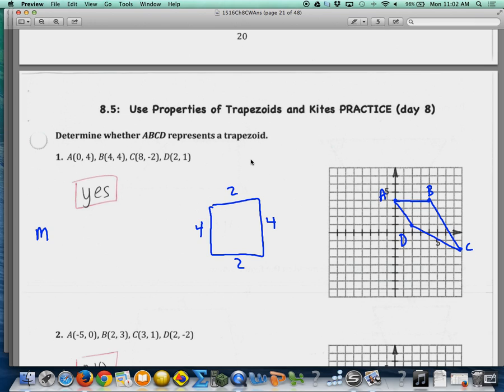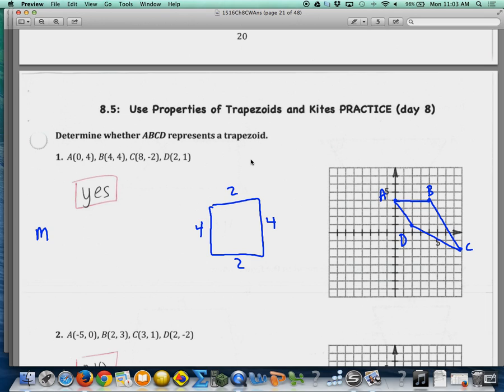It works from the top. Is this figure definitely a quadrilateral? Yes. Based on those slopes, does it fall in the kite, the parallelogram, or the trapezoid family? Parallelogram. Do I have any extra information to determine whether it's a rhombus, square, or rectangle? No. In fact, this is not a rectangle. Why? Doesn't have any right angles.